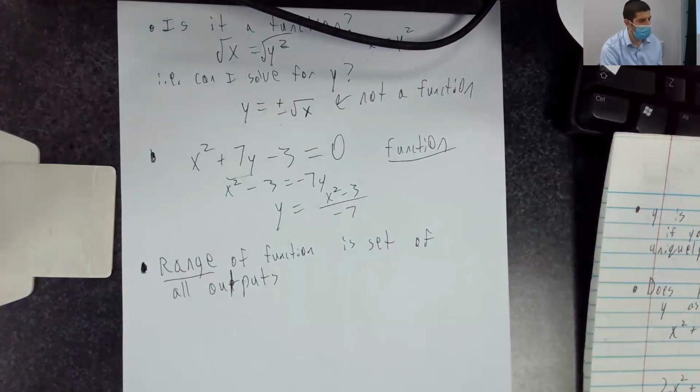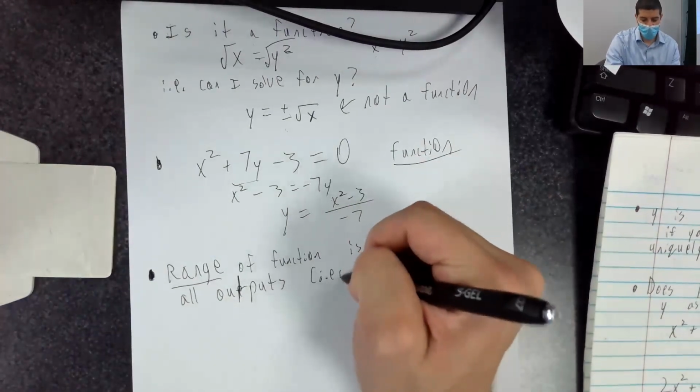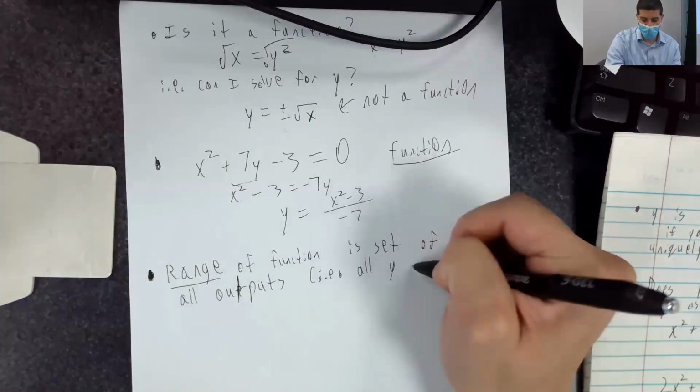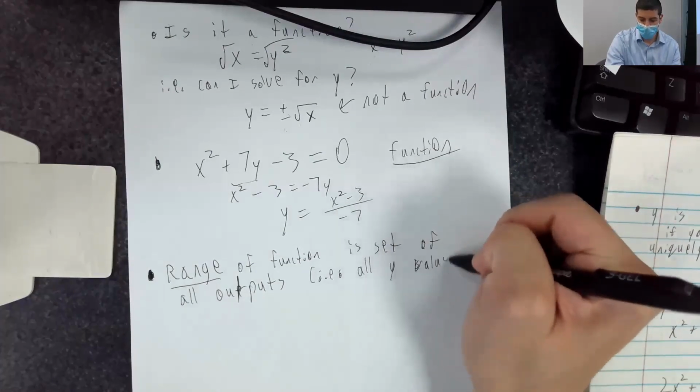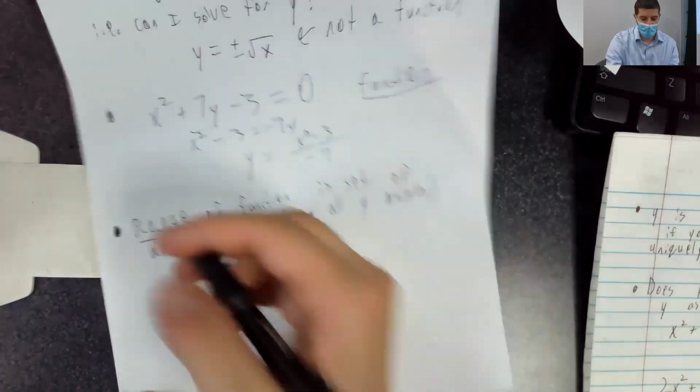So I'll just do one or two quick examples. The range of a function is all y values. Domain is much more important, because that's the x values. The range is all the y values.